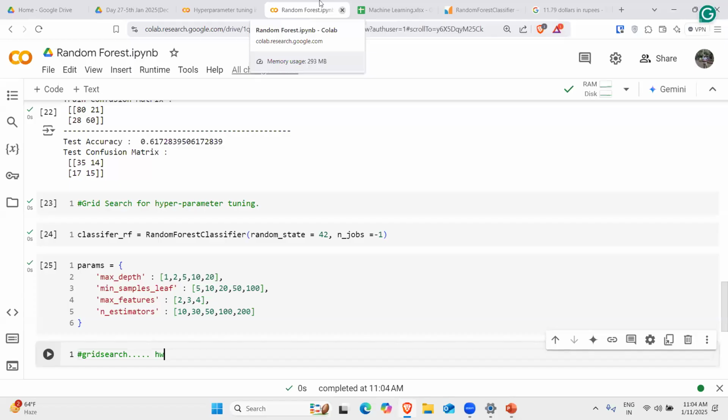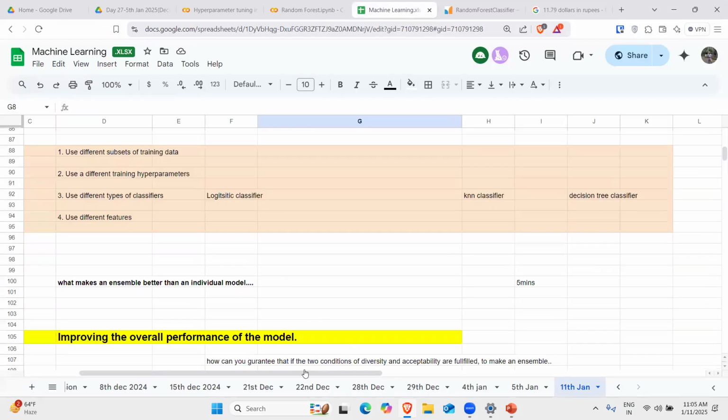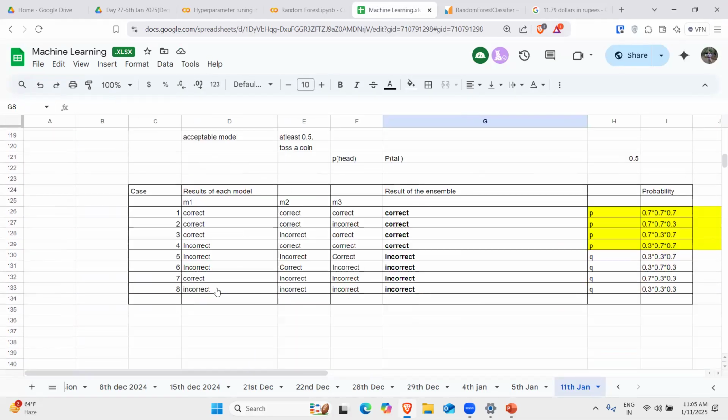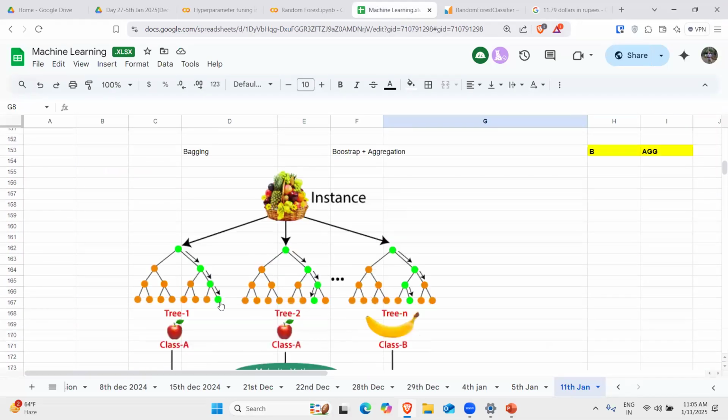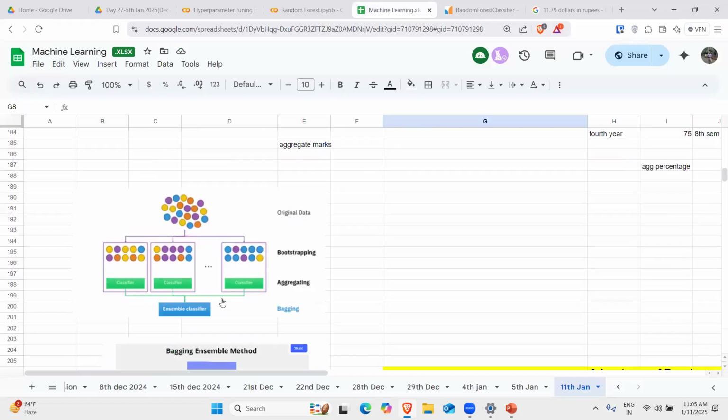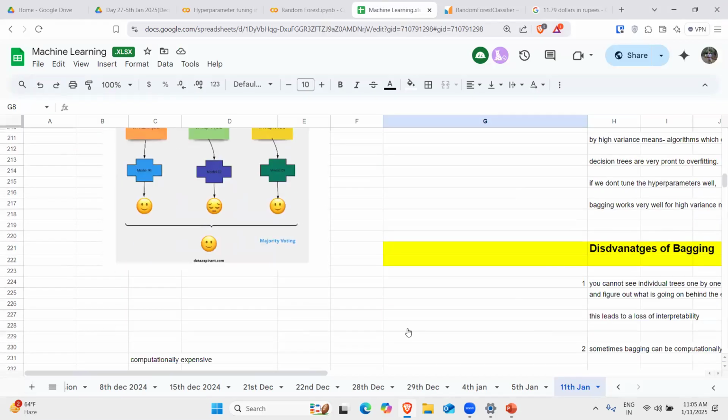Perfect. So now let us discuss this scenario where you can find feature importance using the random forest model. What do you mean by that?